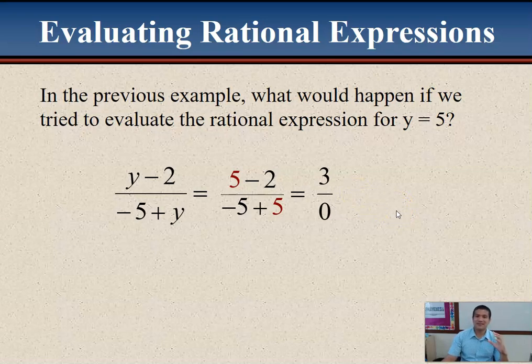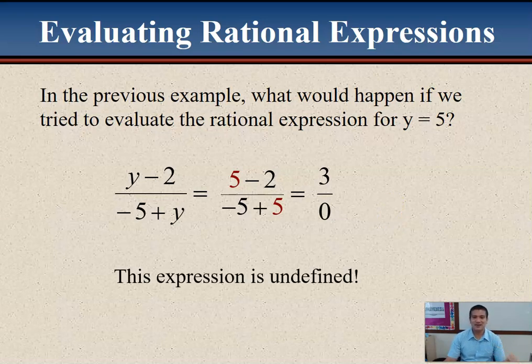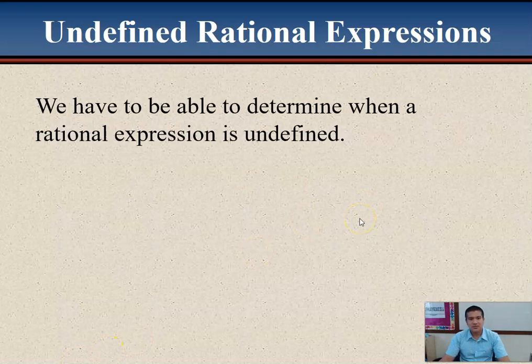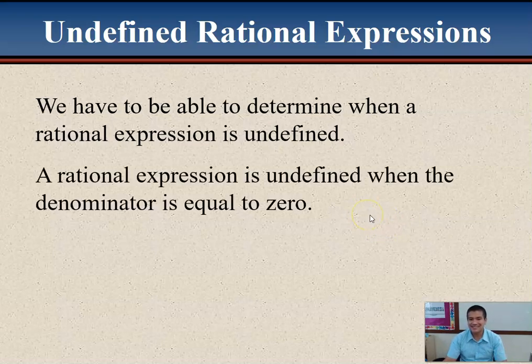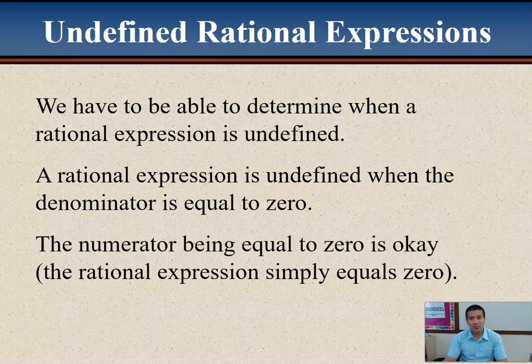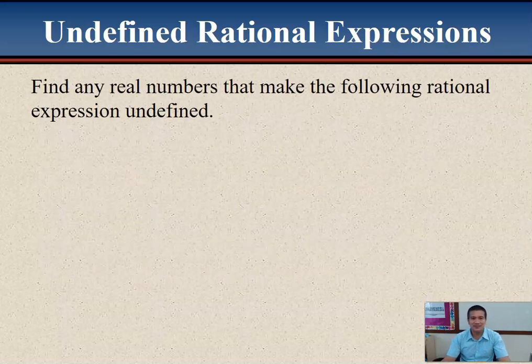If the denominator is equal to 0, the expression becomes undefined. So we have to be able to determine when a rational expression is undefined: when the denominator is equal to 0. But if the numerator is equal to 0, no problem. The rational expression is equal to 0.